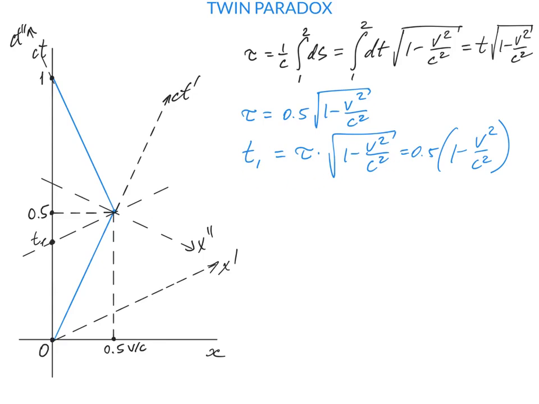Now, this is a correct calculation, but it doesn't account for all the time that has elapsed on Earth. Alice has found this time here, this time is t1, and then if she doubles that, she will also account for this time, but there's also the time period here that goes missing. Now, how does it go missing?